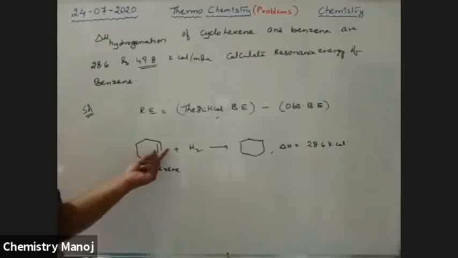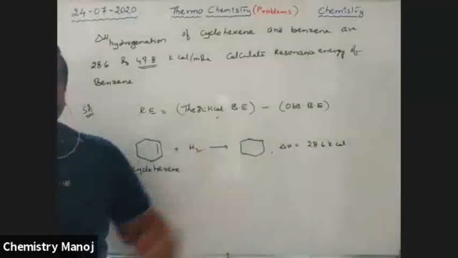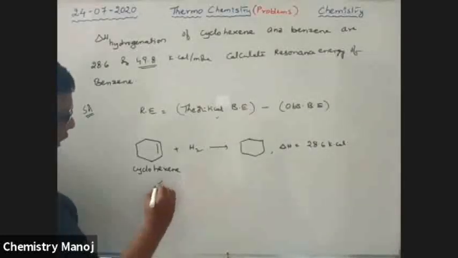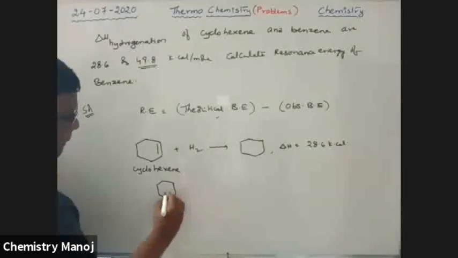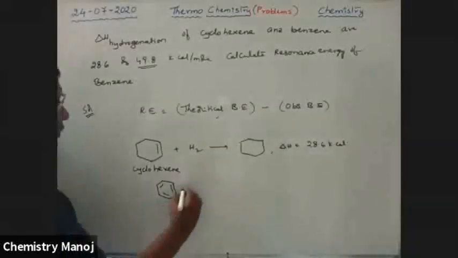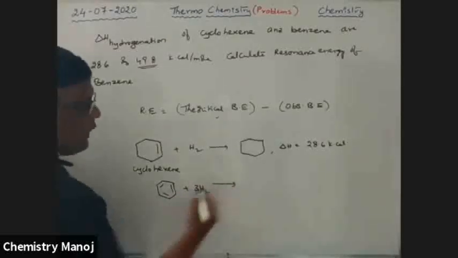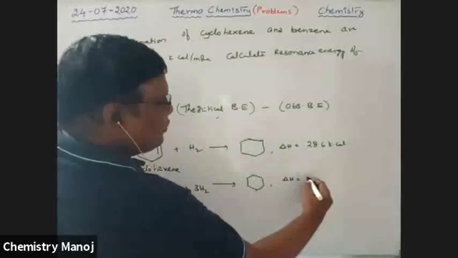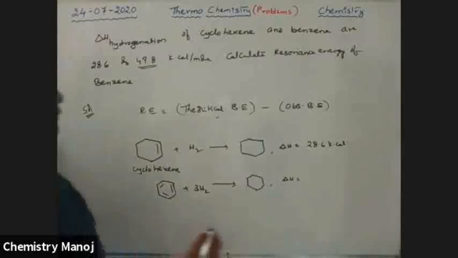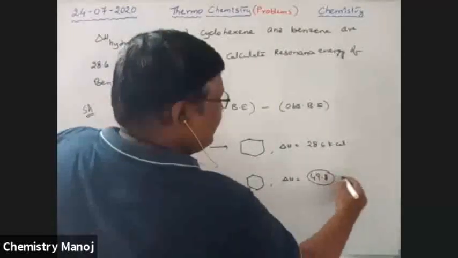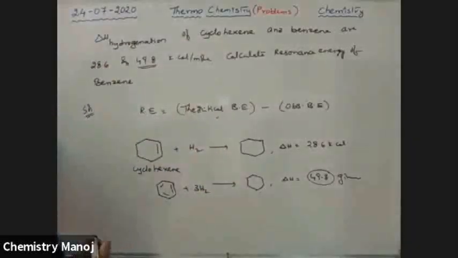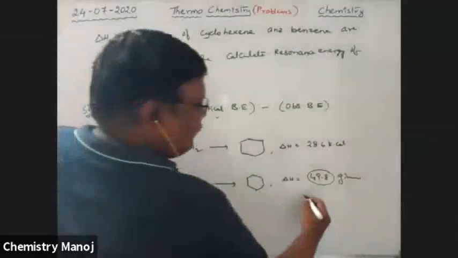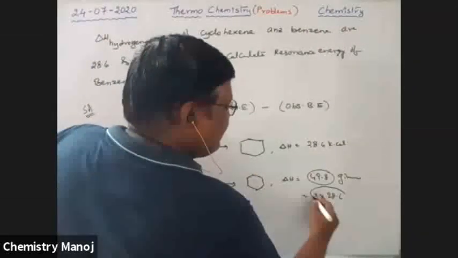See boys, for one double bond hydrogenation, 28.6 kilocalories. For benzene, that is 3 double bonds, so 3H2 are needed. That again gives cyclohexane, but delta H is the given value, 49.8. But we expected, for one double bond this much, so for 3 double bonds we expected 3 into 28.6.